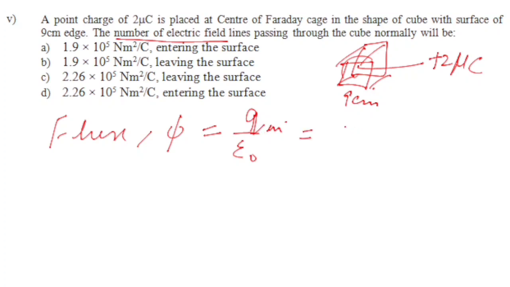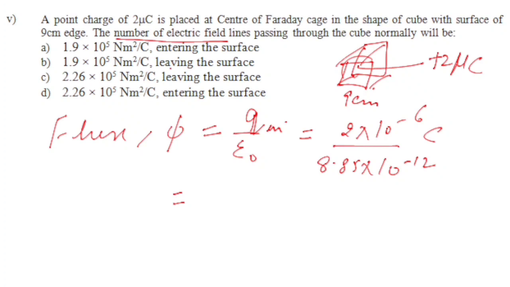It means 2 into 10 to the power minus 6 coulomb. And what is the value of epsilon naught? Yes, 8.85 into 10 to the power minus 12. So calculate this one. You get how much? After calculating, try to calculate it.